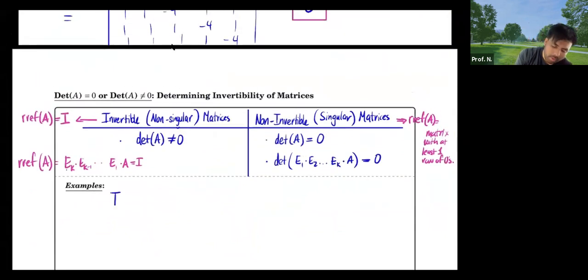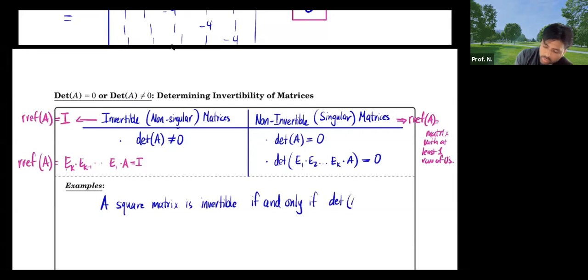So a square matrix A is invertible if and only if the determinant of A doesn't equal 0.